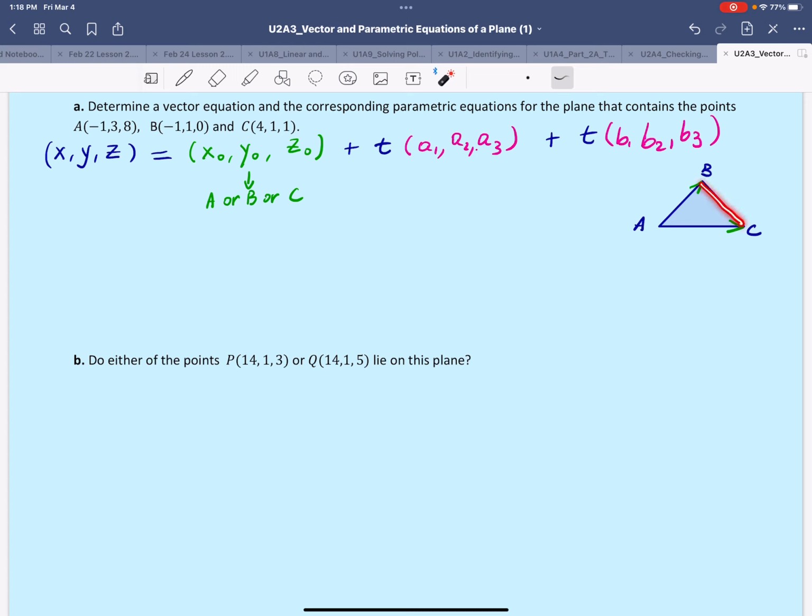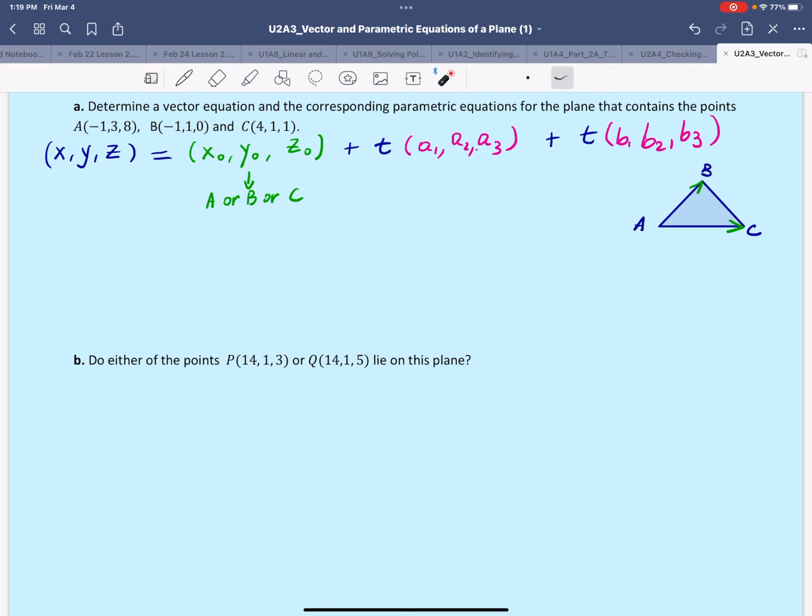We can choose BC and BA. We can choose CA and CB. It doesn't really matter, and we don't need to have them start from the same point. It can be AC and then BA, the other vector. I hope this gives a clear idea of how we're going to figure out our vectors. We need two of them.